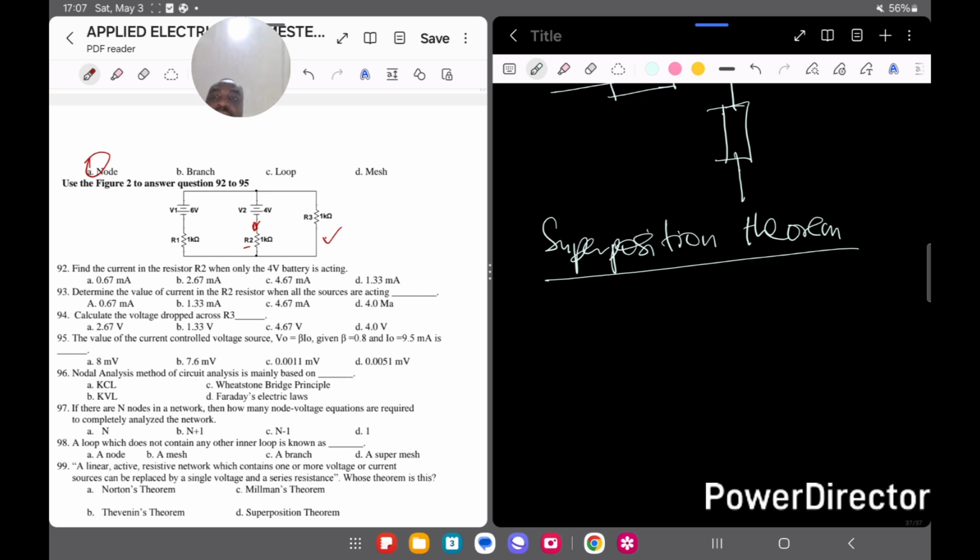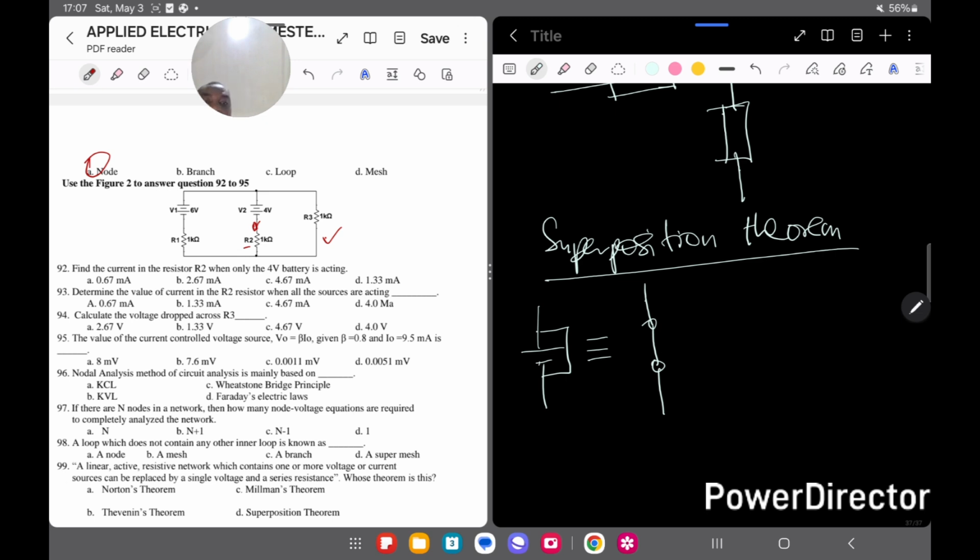Turning off means making the voltage become 0. To make that voltage 0, you short circuit it. That means you connect a wire to it, and by doing so the voltage becomes 0. That's how you turn off a voltage source.